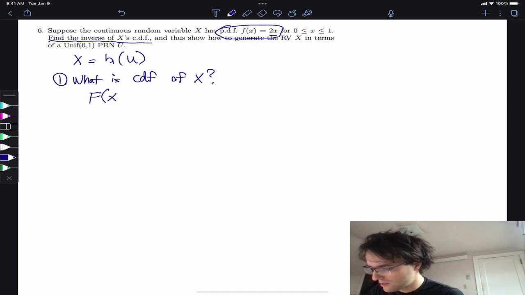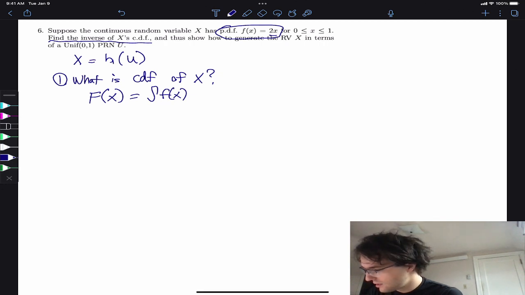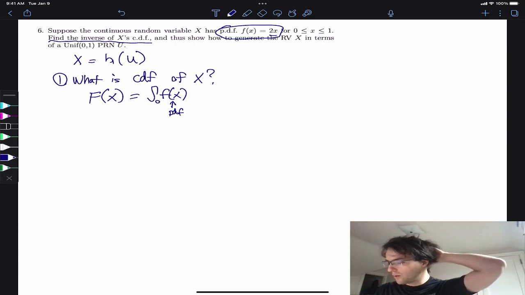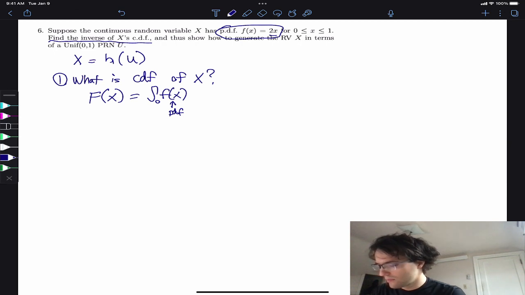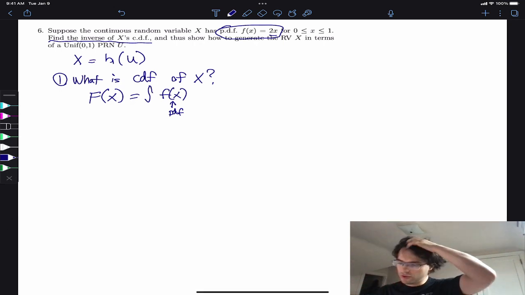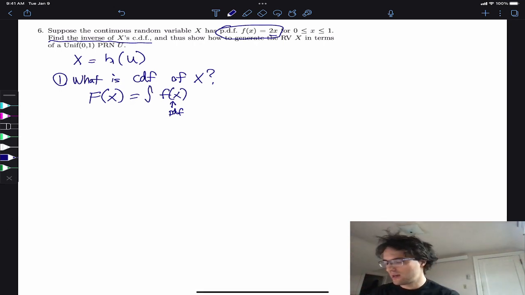Ideally, you want to integrate it from negative infinity to whatever value of x we have.